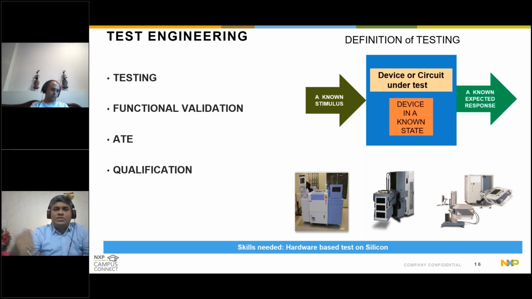So robust testing has to happen, where you are ensuring the reliability of the device, that it will not only work once, but every time, every year, throughout its lifespan. That is qualification. Now, you might find this very philosophical at this stage, but believe you me, these are fields where you can really specialize.